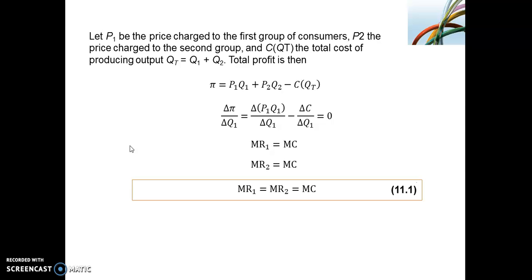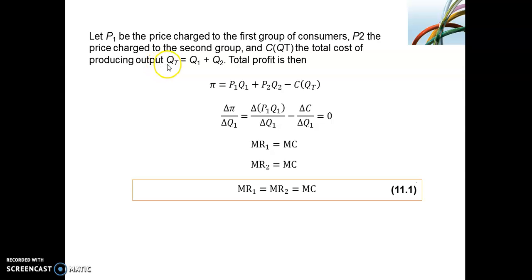Before we get to that point, let's look at what we have here. We are going to let P1 be the price charged to the first group of consumers, and P2 the price charged to the second group of consumers. Then we also have the total cost of producing the output. Total cost, capital C, is a function of Q, or output. And since it's total cost, of course, we are looking at the total output.